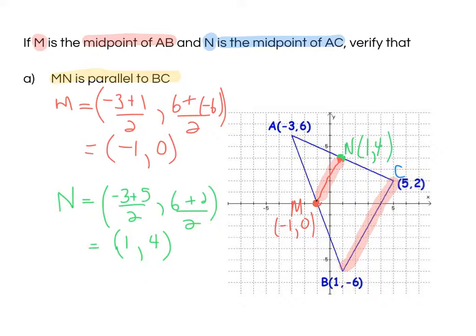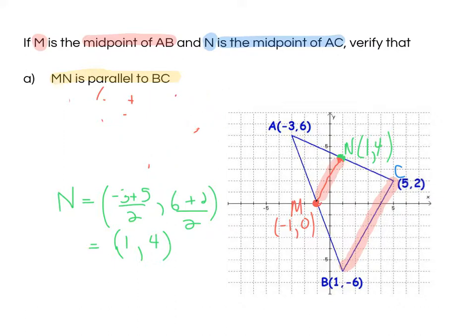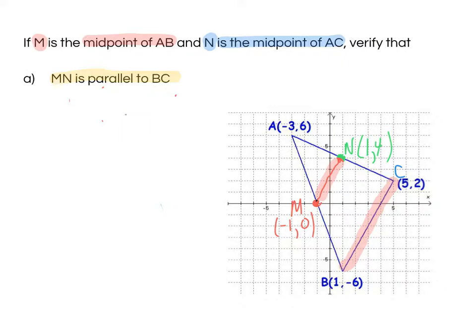So let me erase a bunch of this stuff because I'm done with it, and then we'll go about doing the second half of the question, which is to prove what I'm actually being asked to prove. The next thing I need to do is find the slope of MN. So let's go ahead and do that.